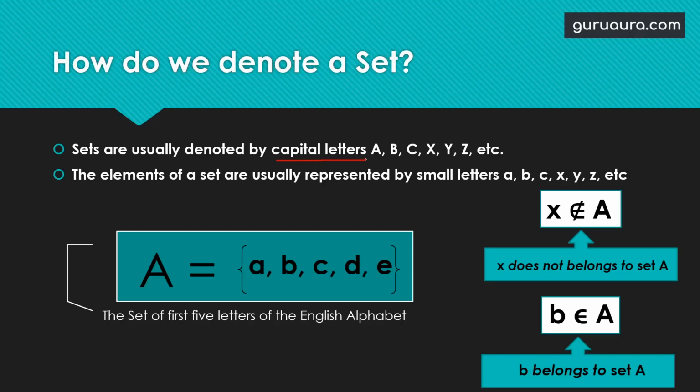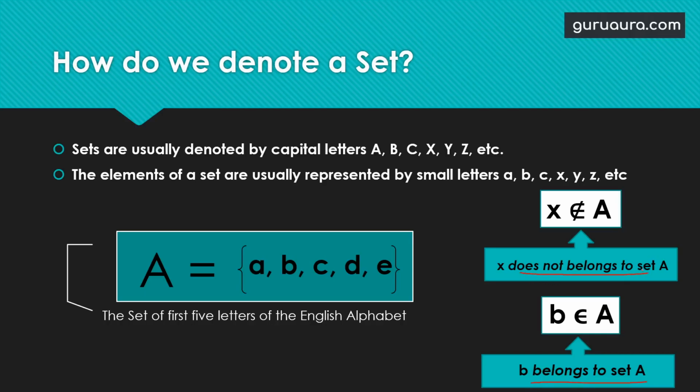The set A has elements a, b, c, d and e. From this set, we can say b is an element of set A, whereas x is not an element of set A. Or we can say b belongs to set A, whereas x does not belong to set A.